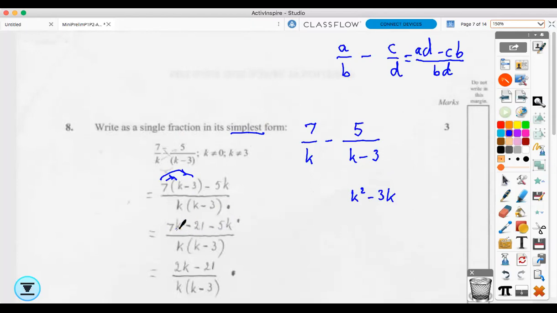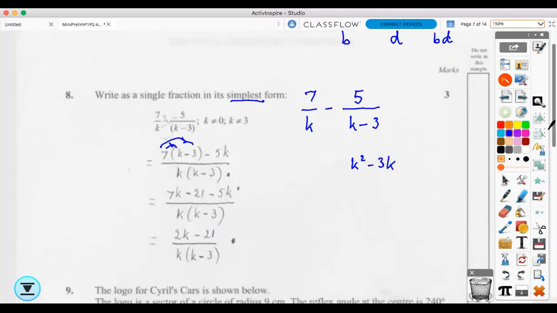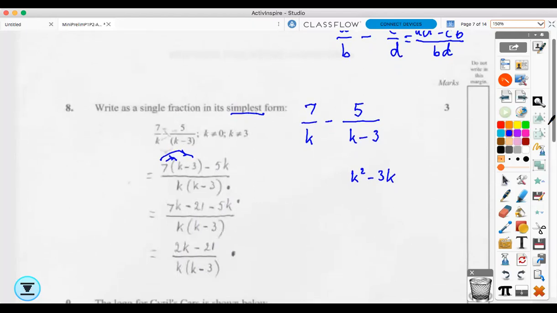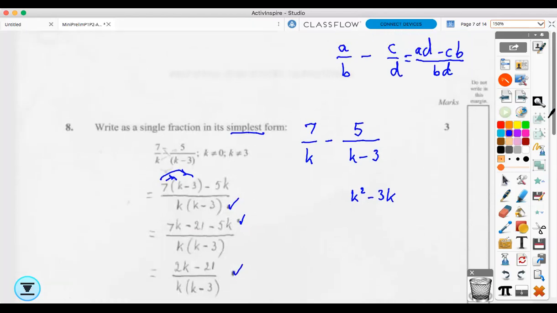So you've got 7k take away 5k, which is 2k, minus 21. At the bottom, you don't need to expand it. Remember, the more work you do, the more chance you make a mistake, and then the less mark you will get. So if you don't have to, I would just save that energy for something else. So 3 marks for this one. Cross and smile.